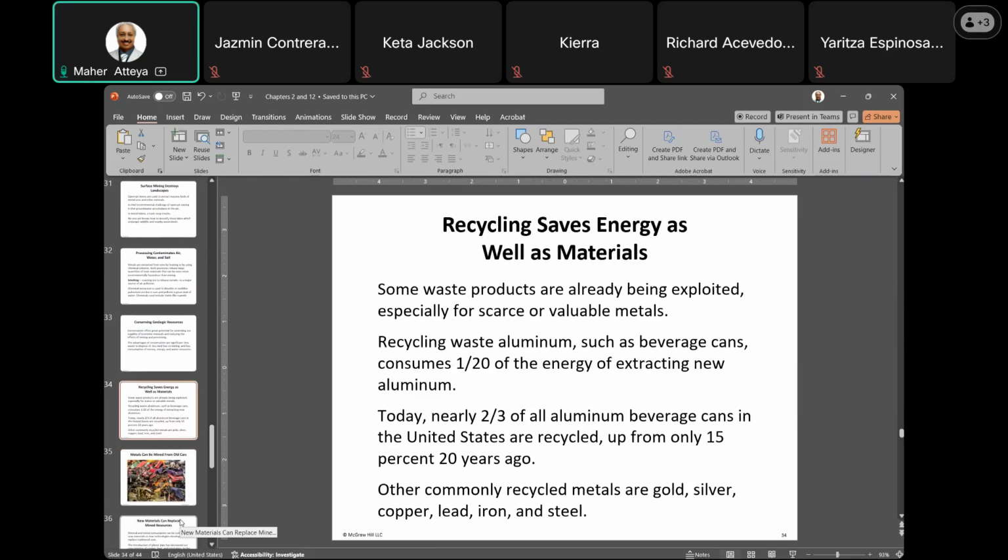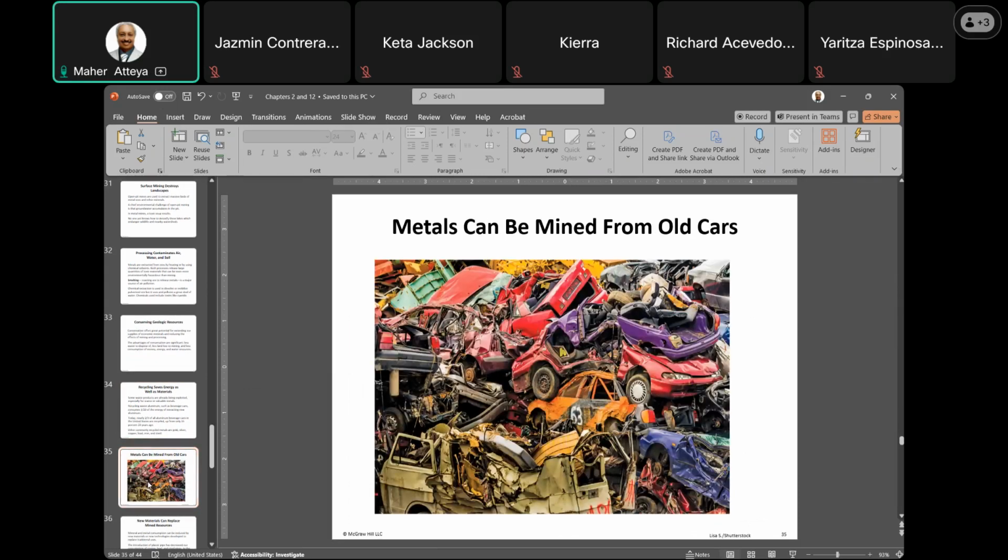Recycling saves energy as well as materials. That's really true. I've seen it through the last, I think, 20, 30 years. Recycling is very crucial, and really recycling is helping the planet to have control on the excess. Otherwise, it will be waste. Here is an example: metals can be extracted from old cars. There's a lot of metals.